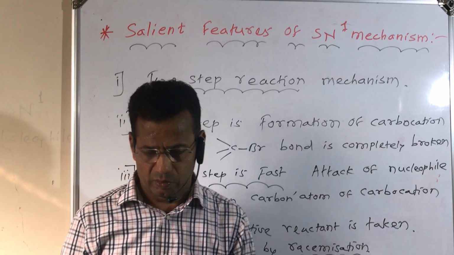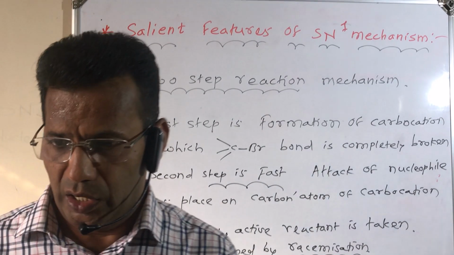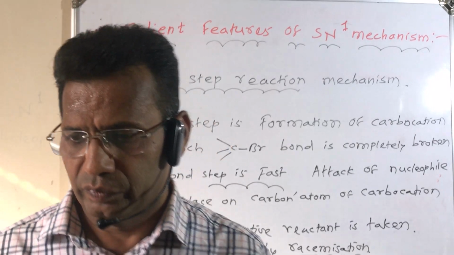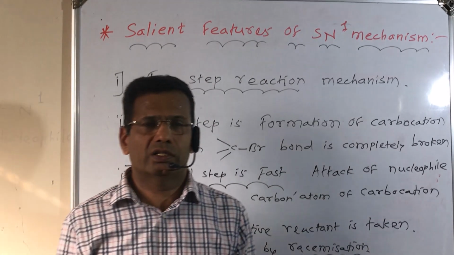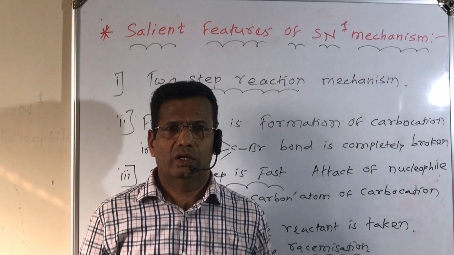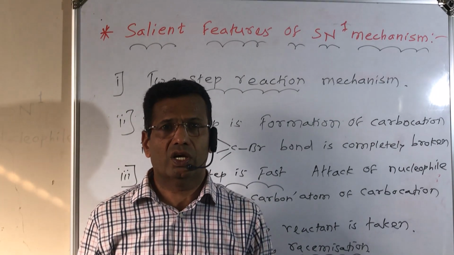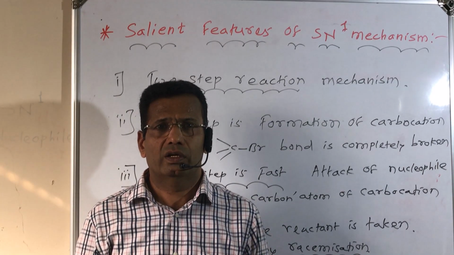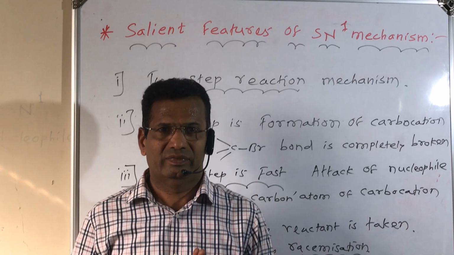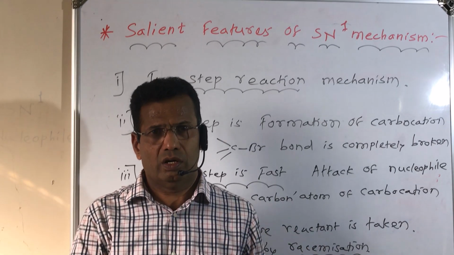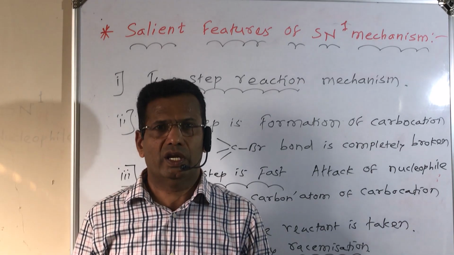So here we have completed the last point from the optical activity and reaction mechanism, that is SN2 reaction and SN1 reaction. These are substitution nucleophilic reactions. SN2 is bimolecular, SN1 is unimolecular reaction.